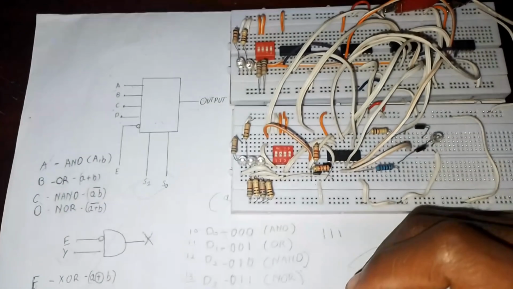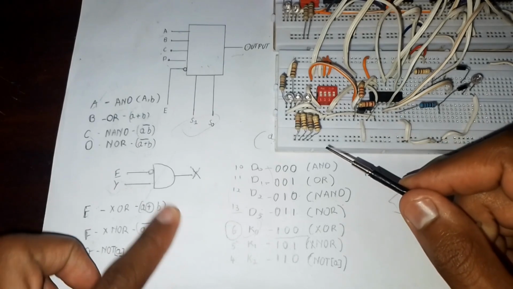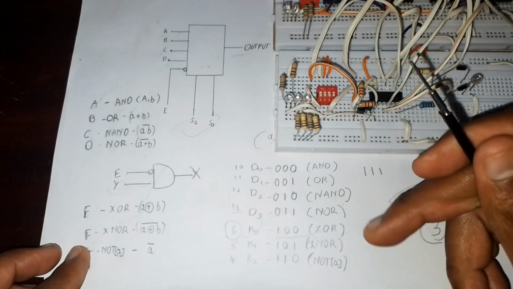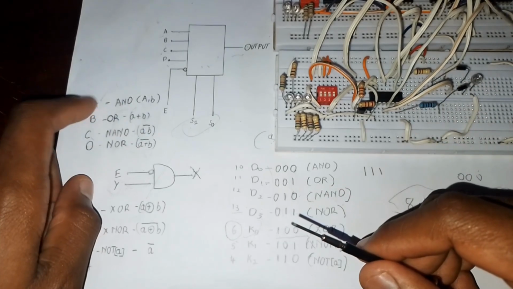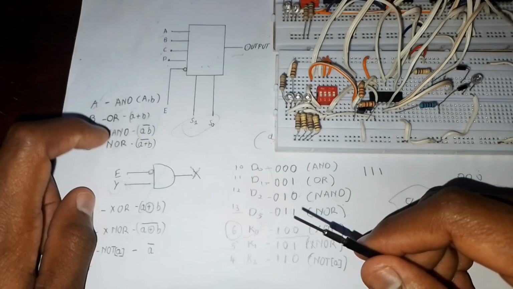So you can see that in the multiplexer, because we said that these integrated circuits contain two 4x1 multiplexers, and the first 4x1, the inputs were like this. It contained AND gate, OR gate, NAND, and NOR.